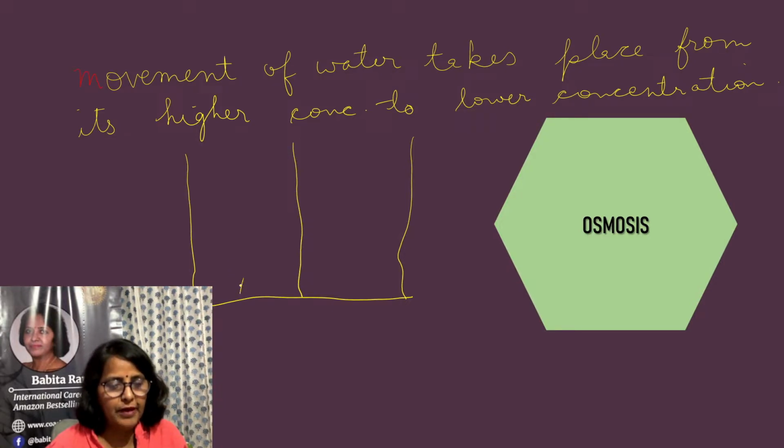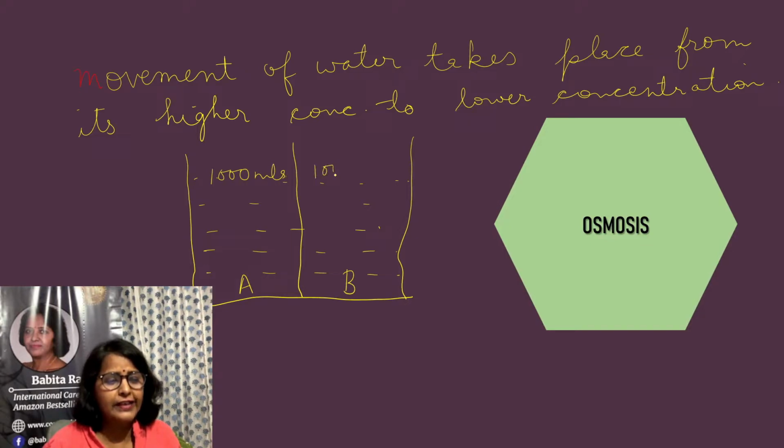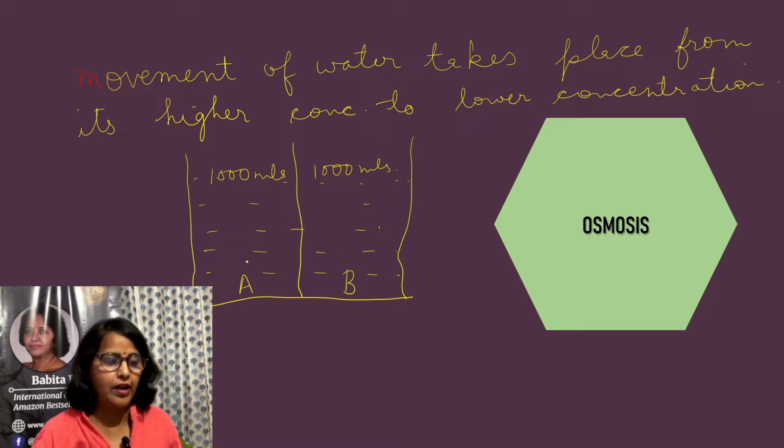So this is compartment A, this is compartment B. Now we have water present in both of them: 1000 molecules in this also, and 1000 molecules in this also. Now on both sides of the membrane we have equal molecules of water. Now let us add sugar to it.